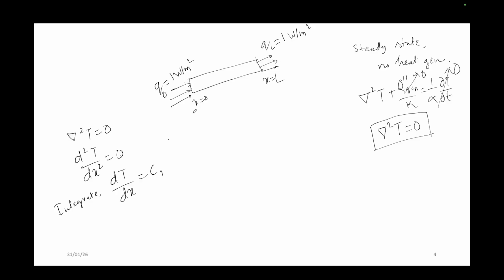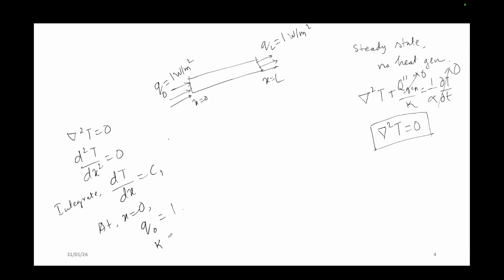So you see here, this thing you have got. Now at x equal to 0, what do we have? We have q0 is 1, right? So what basically is q0?